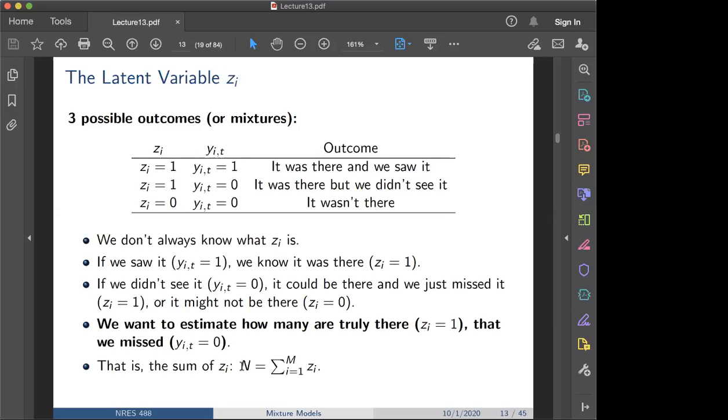So N, big N, is the sum of all of the ZIs. That's how we get to our big N. What's the population size? This is the sum of all of our ZIs for all of our individuals.